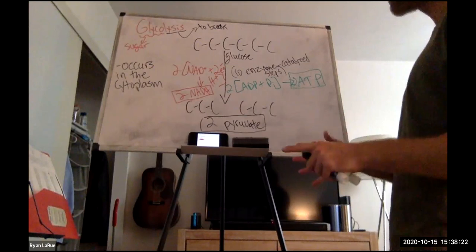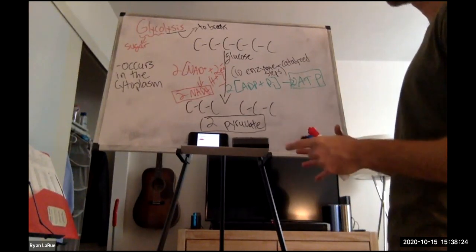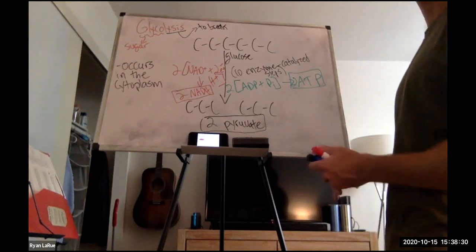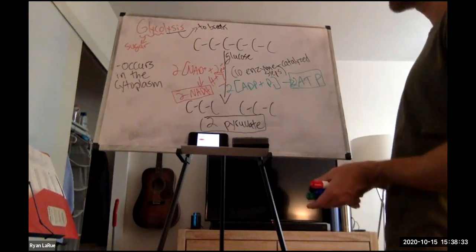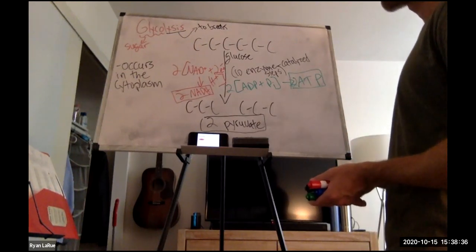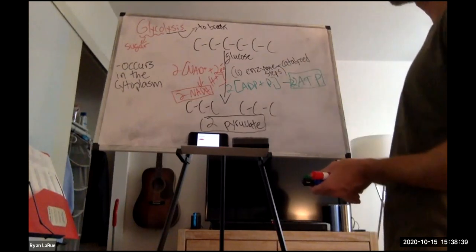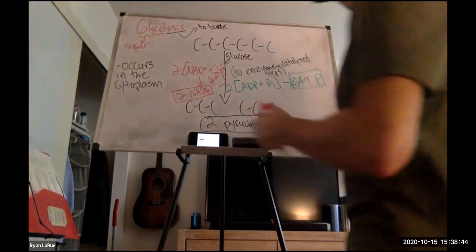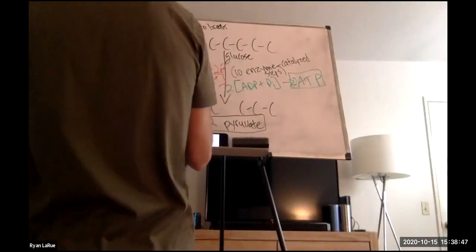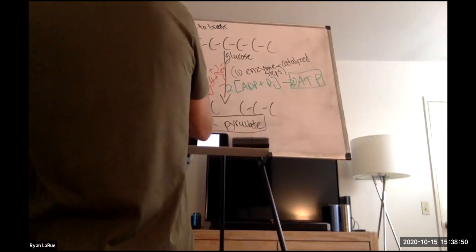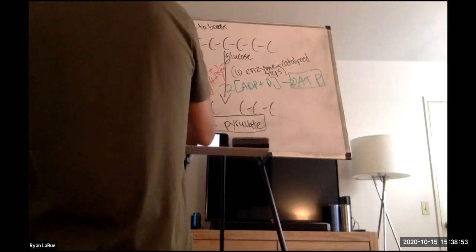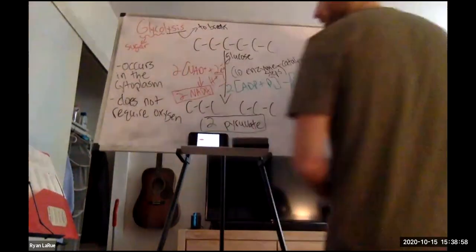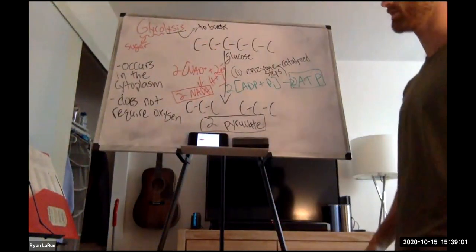Glycolysis is the most ancient, primitive energy pathway. And the first cells billions of years ago were doing glycolysis to produce ATP. But it occurs in cytoplasm. And if you'll notice, oxygen has not played a role yet, so it does not require oxygen. It's an anaerobic type pathway. Those are the only other details that I want you to know for glycolysis.